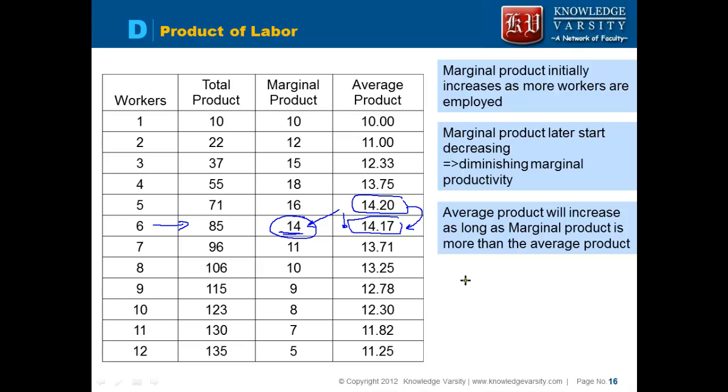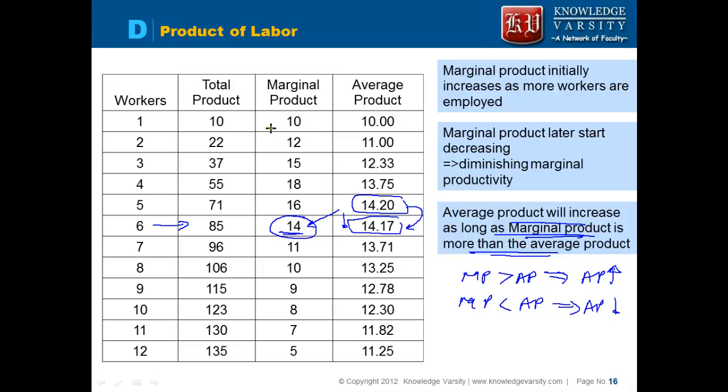So the concept is that if your marginal product is greater than average product, that means your average product will increase. Okay, the moment your marginal product is less than your average product, your average product will go down. That is the idea. So average product will increase as long as the marginal product is more than the average product, right?